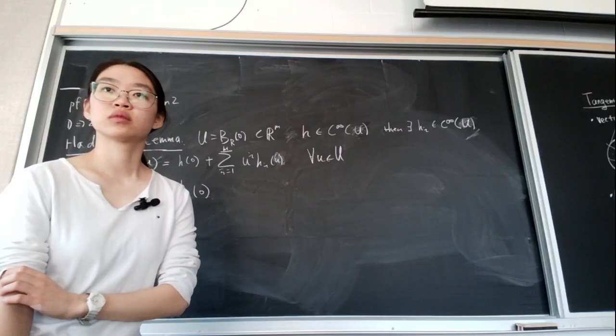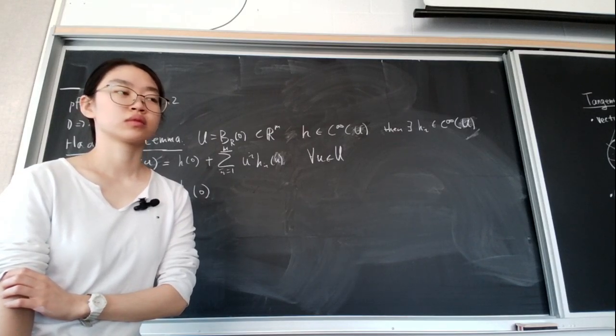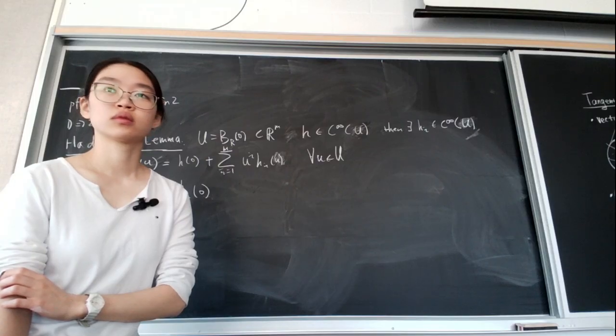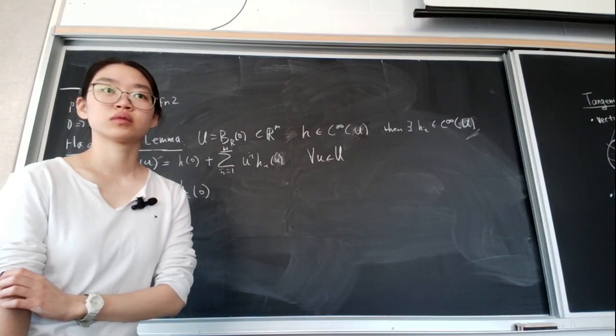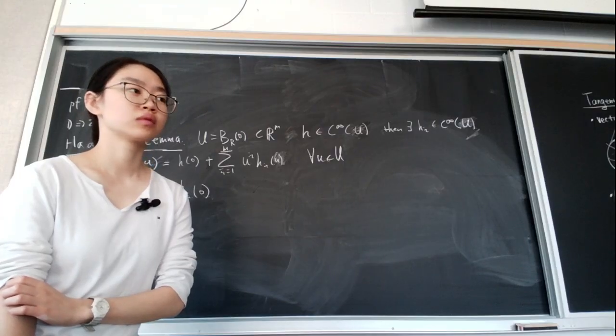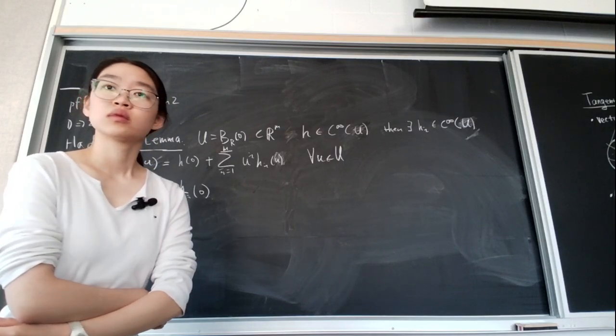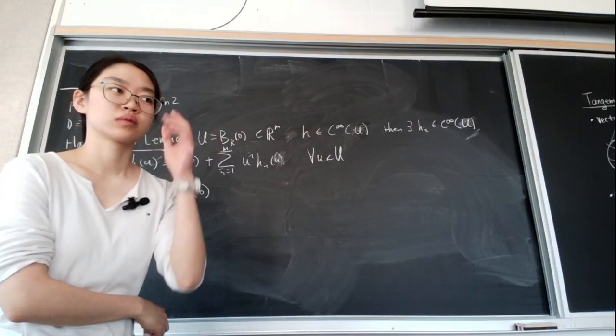You can't both be R. No, h takes in vectors in Rm and outputs a number. Capital U is some set of vectors in Rm. I plug them into h, I get a single number.